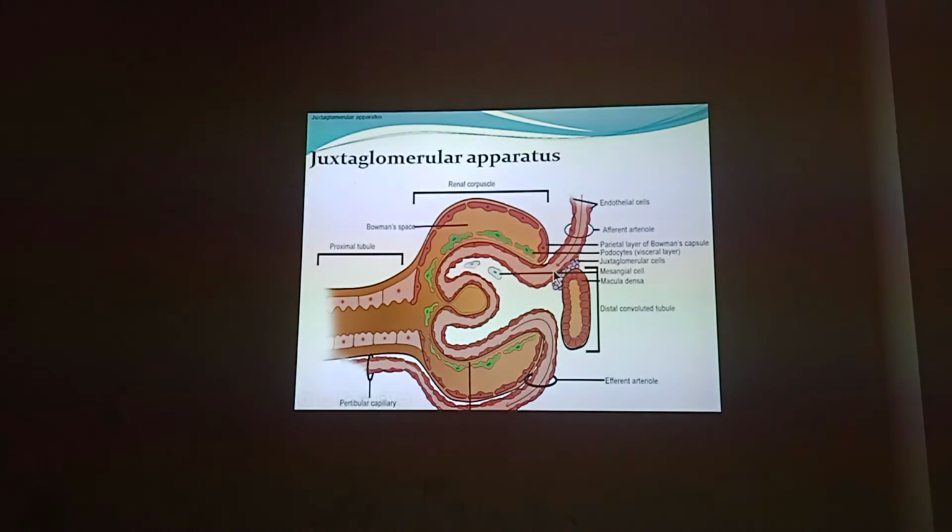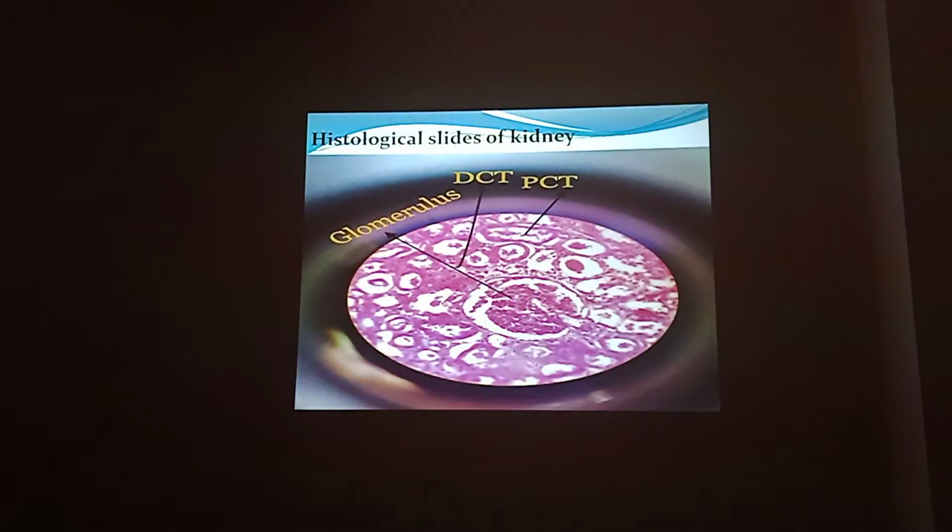Okay, and this is mesangial cell which secrete erythropoietin, and altogether they form the renin, angiotensin, aldosterone system, due to which the water electrolyte balance and the blood pressure regulation is there.